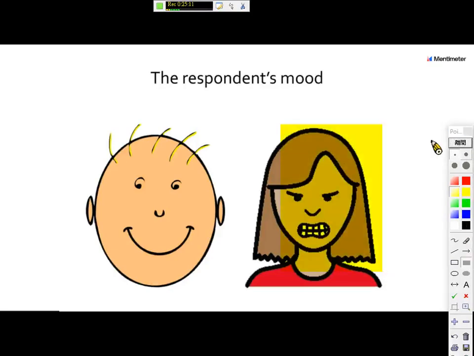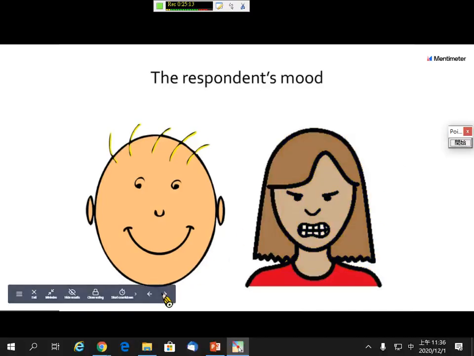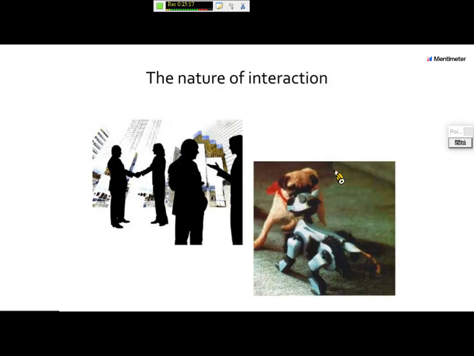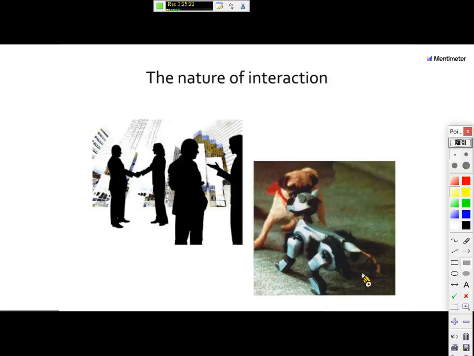You can imagine this, right? So the respondent's mood at the time of the interview and the nature of the interactions, dog and robot, canine and people, can be very different. Is that right? Okay. All of this can affect the way you collect data.